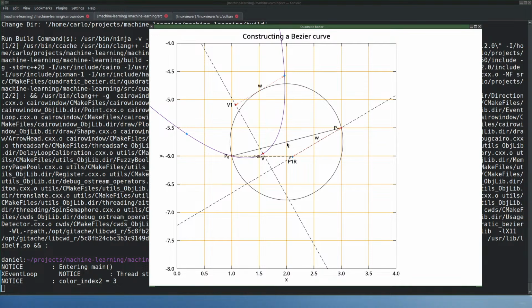I think my intention was to have a horizontal line here from the center. And then we have a line from here and there, I think, yeah.